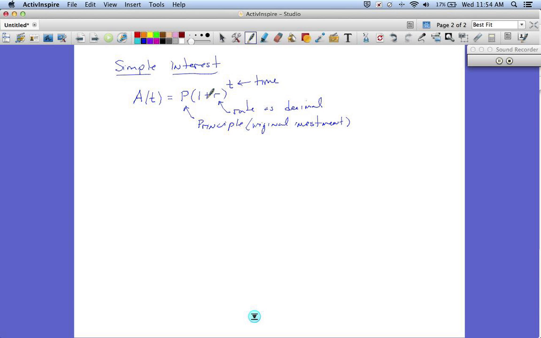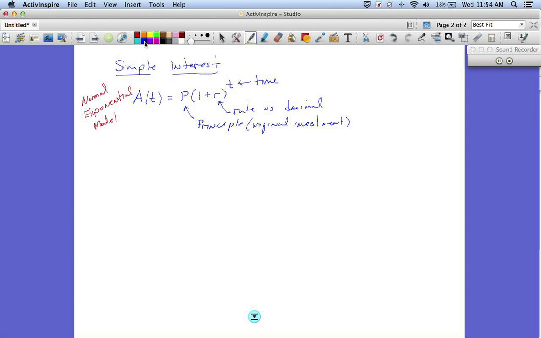So that's simple interest. Just like we did before, if you have 6% interest, your multiplier is 1.06. That's 1 plus 0.06. That's a regular equation. This is the normal exponential model.